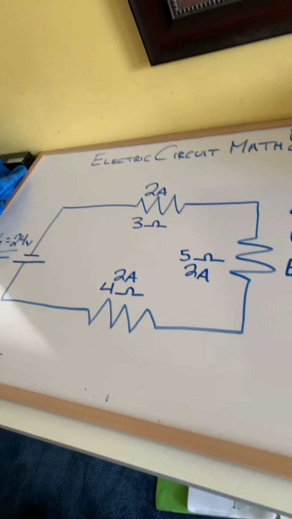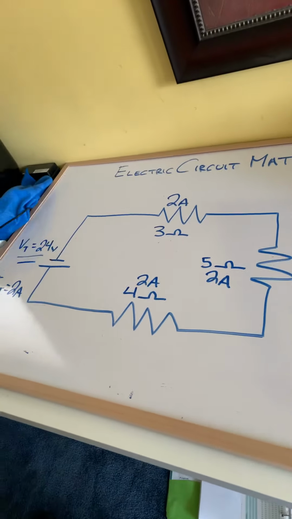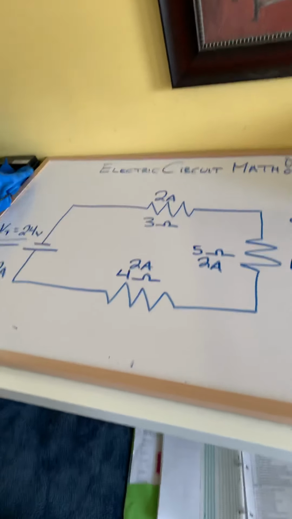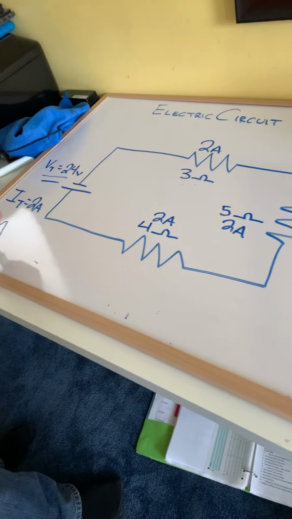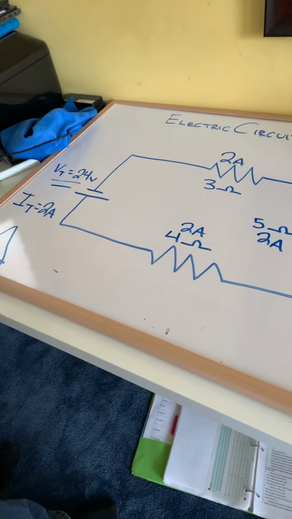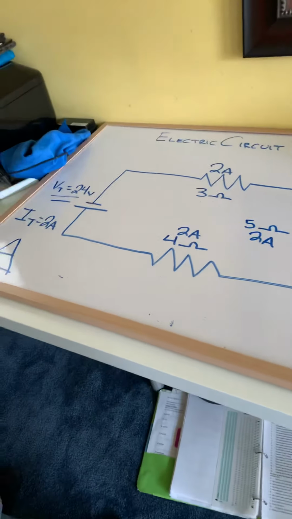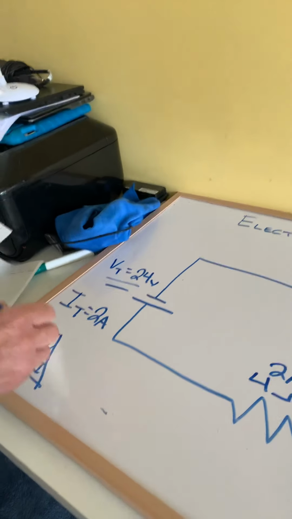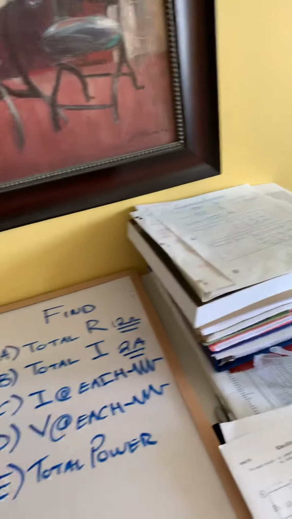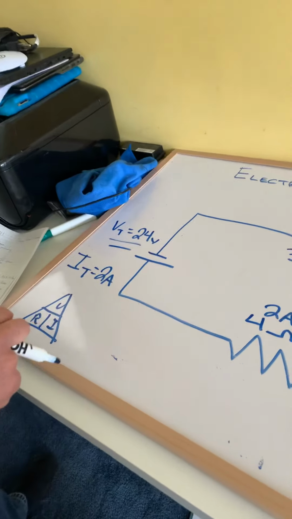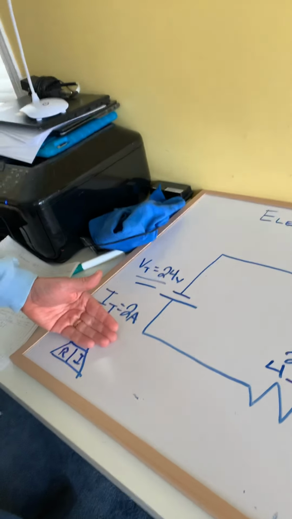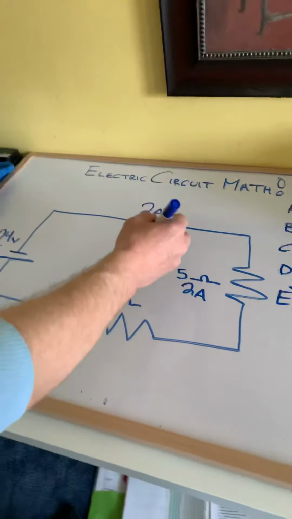For D, we want the voltage at each resistor. That's an Ohm's law question. So back to our triangle, where resistance, voltage, and current, and we're looking for voltage at each one, so it's going to be resistance times current at each one.